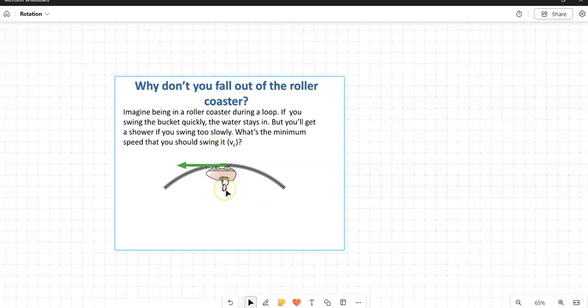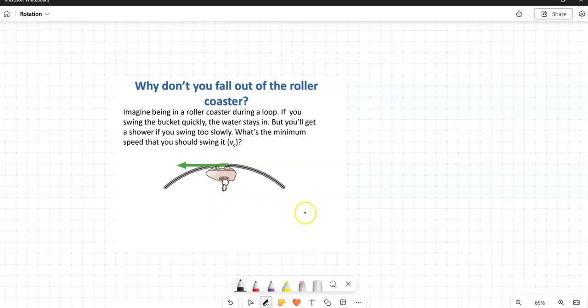I've seen this problem better off with a hat on the person's head, and they basically ask what's the minimum speed that you should be going so that the water doesn't fall out. In other words, if you had a hat on your head and you're going in a loop right here, what's the minimum speed that you need to go such that your hat doesn't fall out? Okay, so again, we're going to do a force diagram.